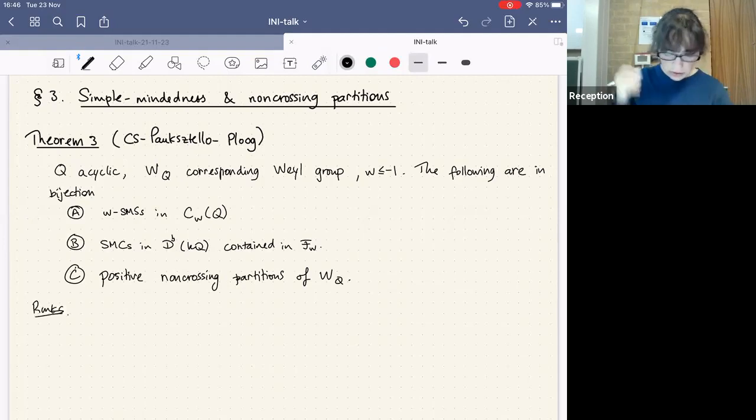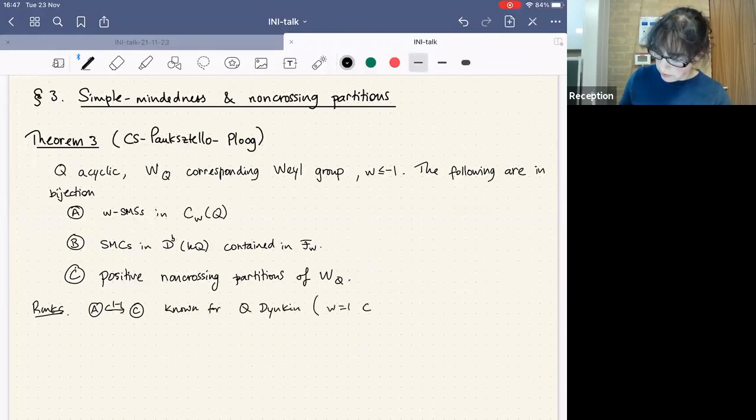Some remarks. This generalizes special cases known before. The relationship between simple-minded systems and positive non-crossing partitions was known for the Dynkin case and for W equals 1 in some work of mine in 2012, and also for any W in type A, work by Iyama-Jin, 2018.